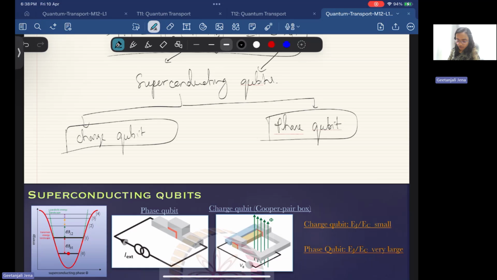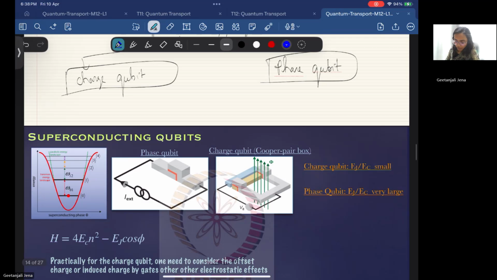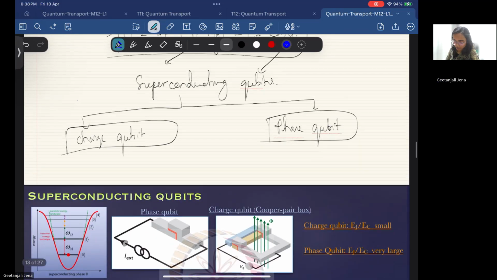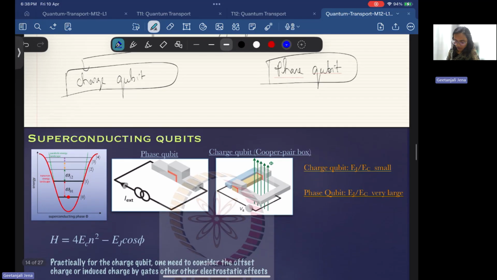But to get a robust charge qubit, we need to have one condition: E_J by E_C should be much less than 1, or you can say it should be very low.